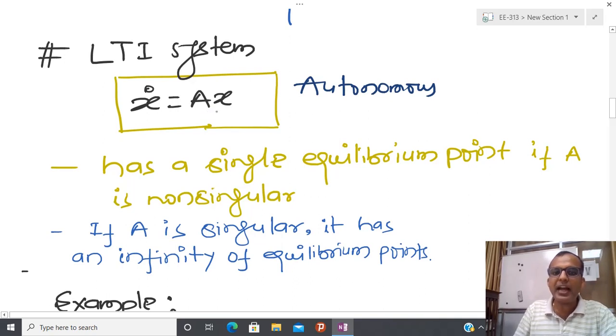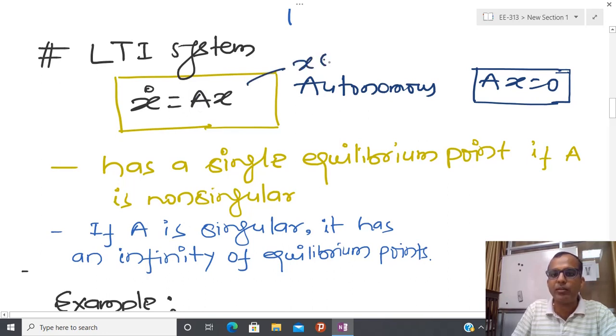It means that I have to solve this kind of equation Ax equal to 0. Now this Ax equal to 0 is no longer nonlinear, because I am assuming that this matrix A has constant entries, and here I am assuming x belongs to Rn. So A is basically an n cross n matrix.